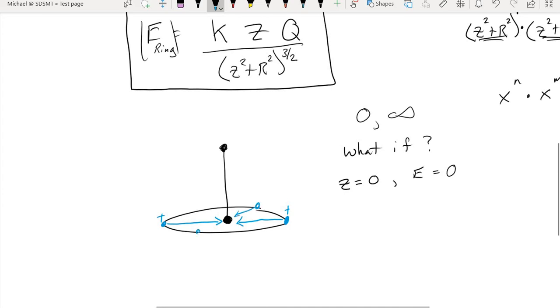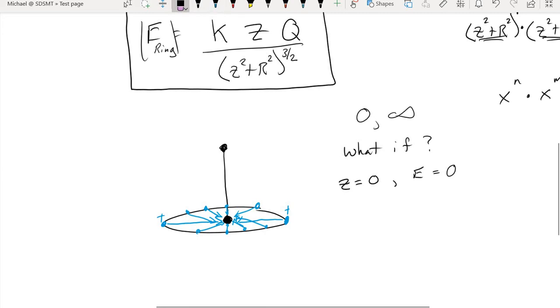And this is going to happen all the way around the ring. We're still going to have electric fields being produced by that ring, but when they all get to the center of the ring, the symmetry of our system causes all of the math to collapse, and we get an electric field of 0.